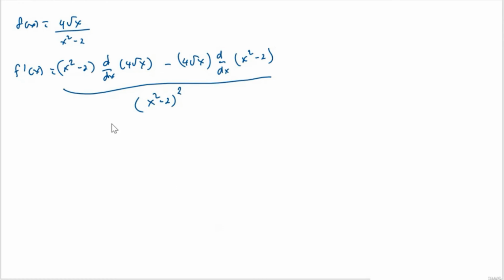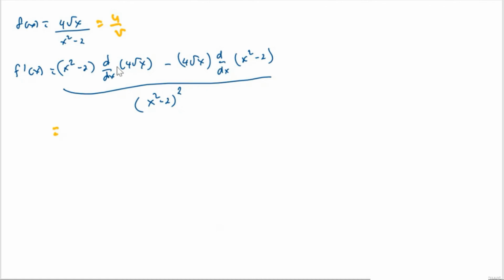That is just the same as, if this is our u and the denominator is our v, then x squared minus 2 is v, times the derivative of the numerator du, minus the numerator u times the derivative of the denominator dv, all over the square of v.